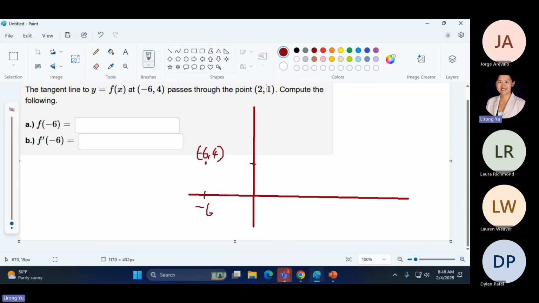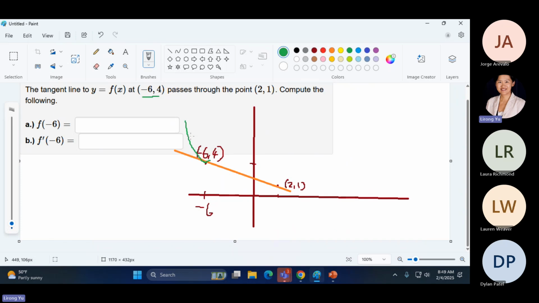The other point is at 2, 1. Then we're drawing a line, which is being called the tangent line, through them. So this tangent line is going through this 2 point, that's the point that we were given. And it also has here, the tangent line is at this point. So basically our graph is tangent at this point.